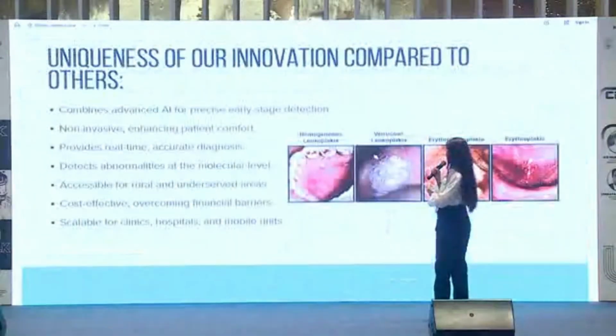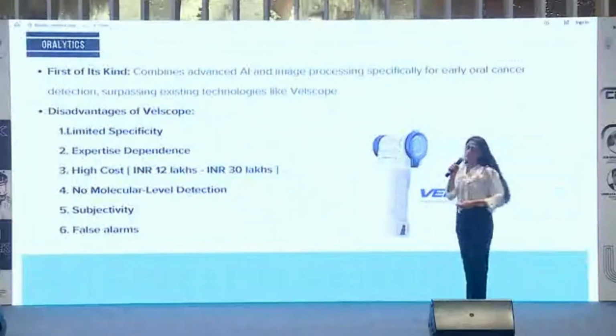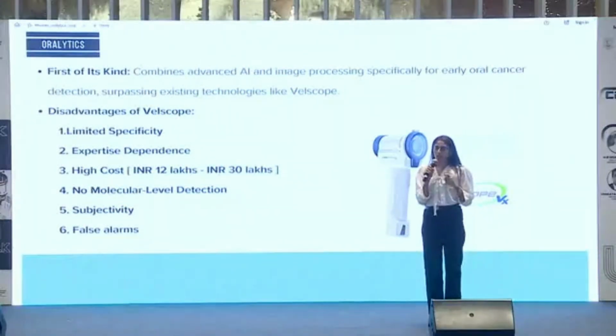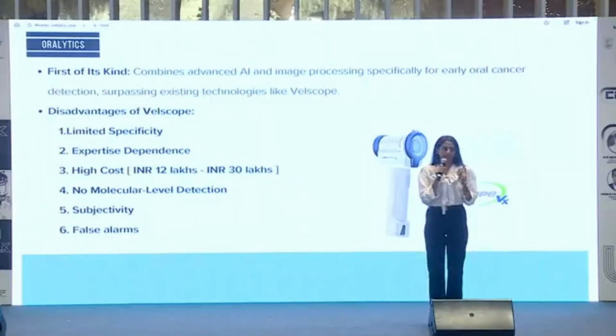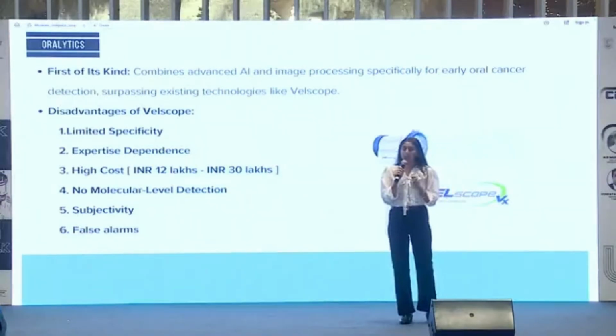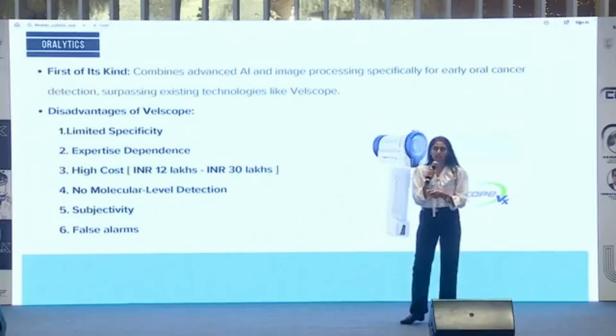Before that, this is the WellScope for better understanding. The WellScope will emit blue light or blue radiation, and if the cell or the tissue is healthy, it will emit the light back in green. The color will be green. But if the cell is cancerous, it will not emit any light back.